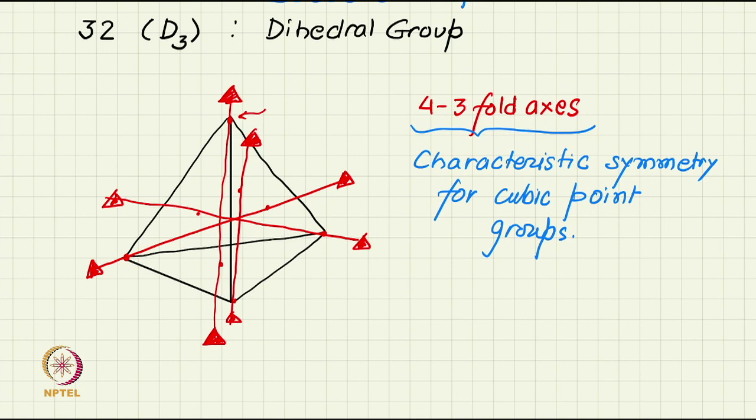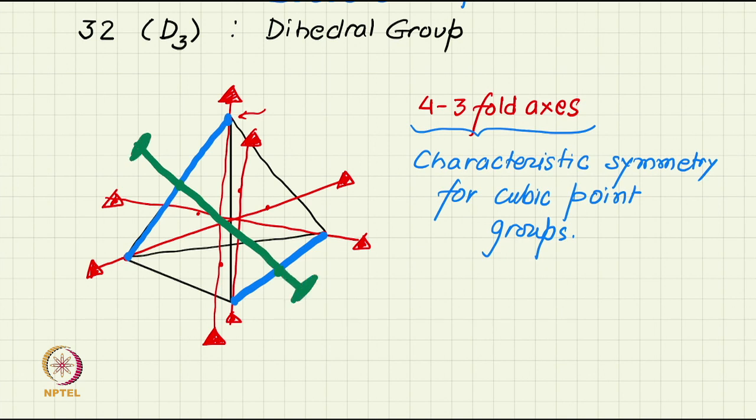There are other symmetry operations. So, if you take any edge, let me take this edge, and edge is defined by 2 vertices, and the tetrahedron has 4 vertices. So, there are two other vertices, and if I define that edge also, the midpoints of these two edges can be joined to give you a symmetry axis which is twofold.